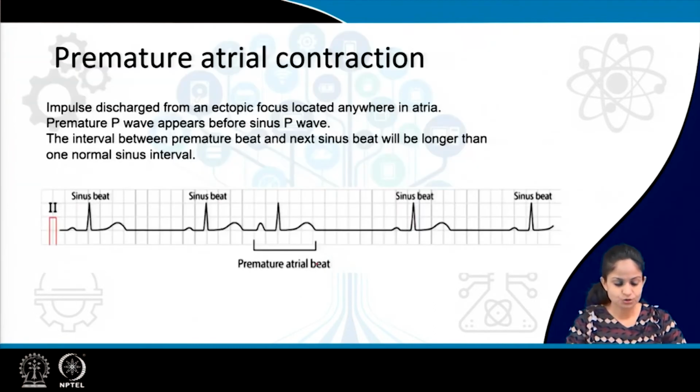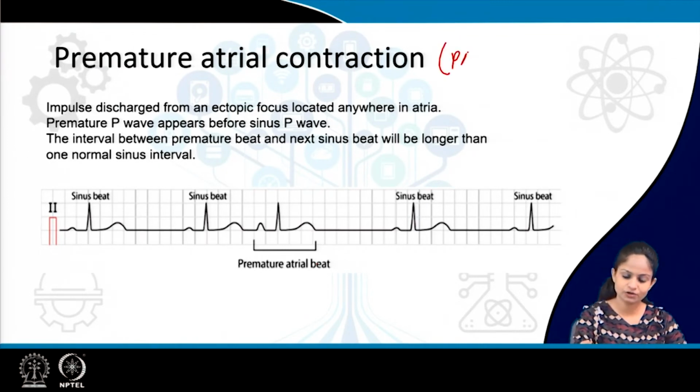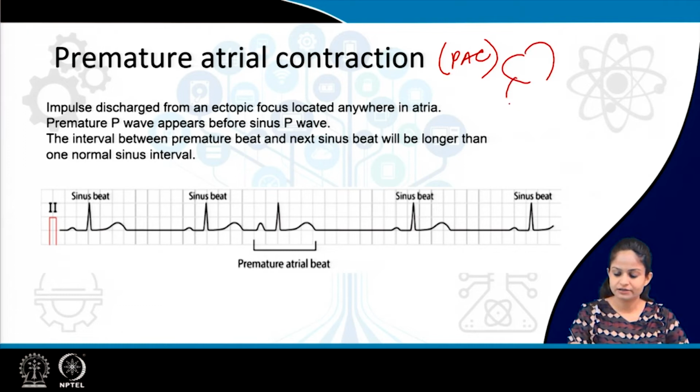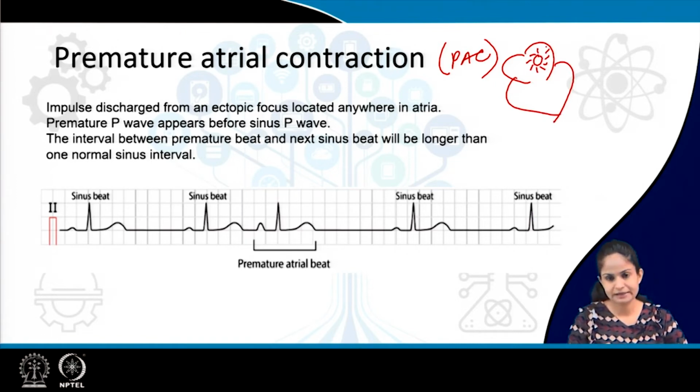So, next we come to premature atrial contractions, in short form PAC. Premature atrial contraction, as the name suggests, in the heart the atria must have some ectopic focus which is generating the impulse.